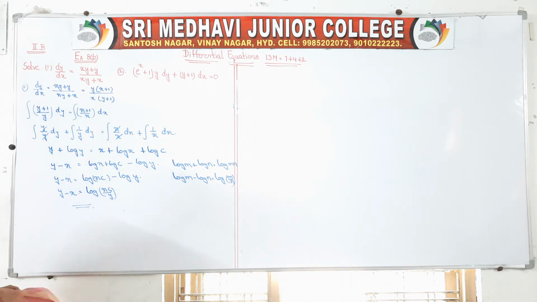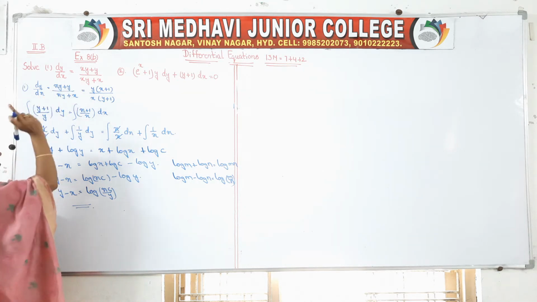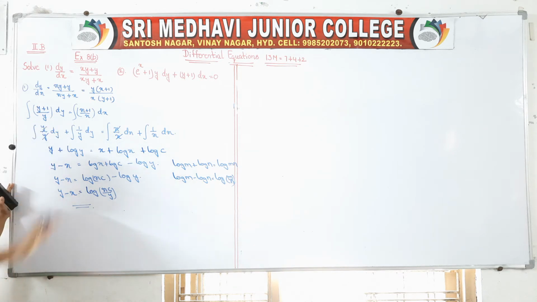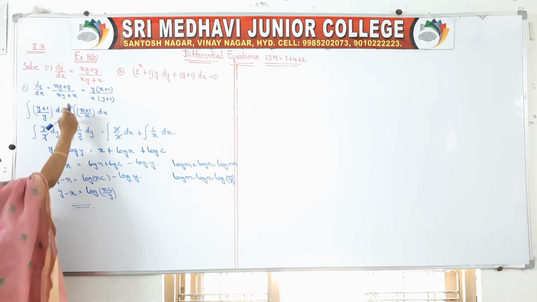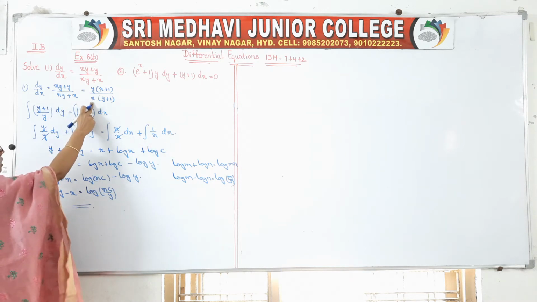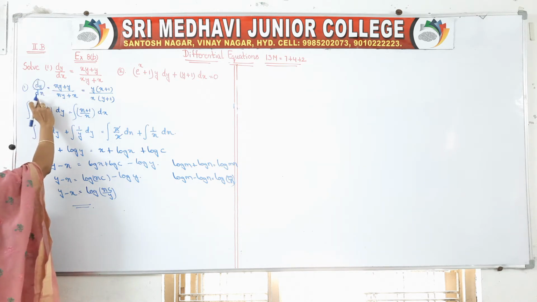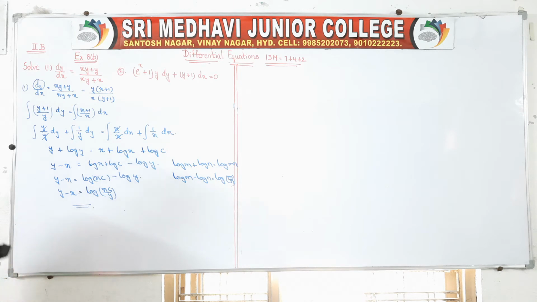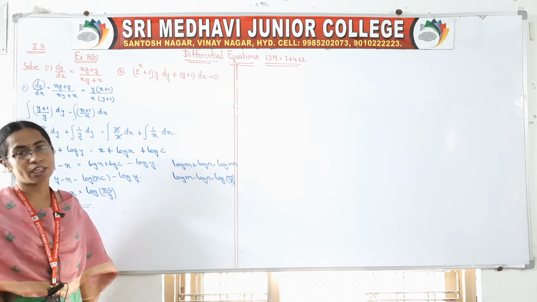So, simple problem, just by observing which can be taken common. Here first in the numerator y can be taken common, both terms are having y. In the denominator both terms are having x, so x can be taken common. So, after that, this side dy is there and x terms are this side, so we have to send dx. The procedure is all the y terms into dy, all the x terms into dx.